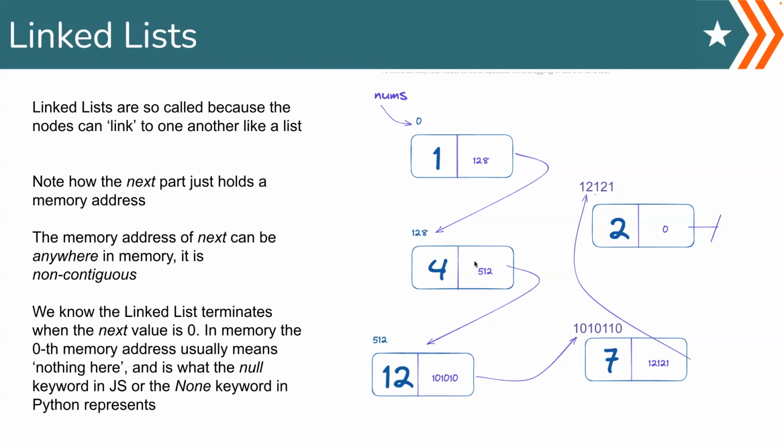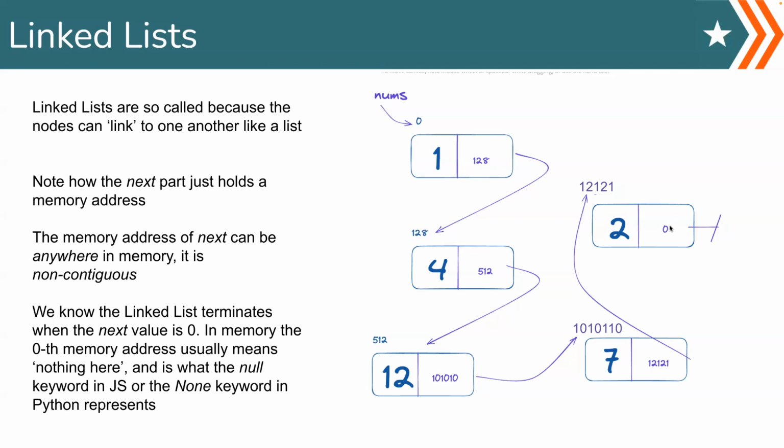And then this holds the value 4, and then this pointer points to another spot that holds the value 12, points to some other spot, and so on and so on. And then over here, when we get to the end, there's just 0 or null or something, and that's how our program knows that we're at the last node in the list, in that the pointer that's supposed to point to the location in memory doesn't point to anything at all.